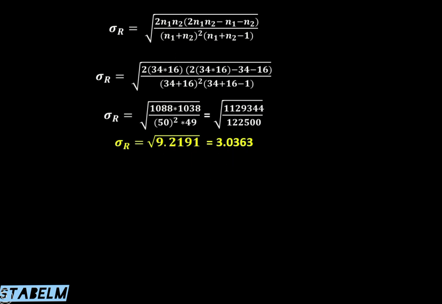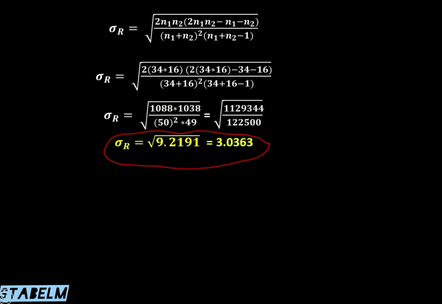So again, our standard deviation is 3.0363. We also need that. The value of the mean for the runs and the standard deviation for the runs, we are going to substitute into the approximately standard normal distribution.